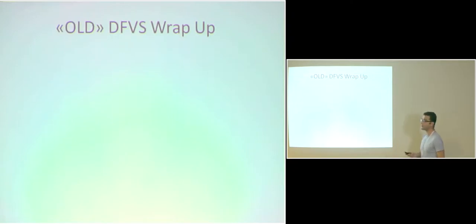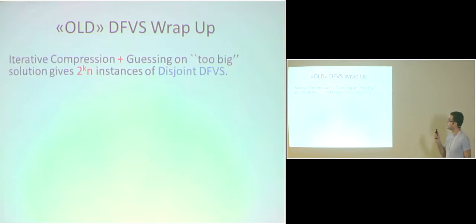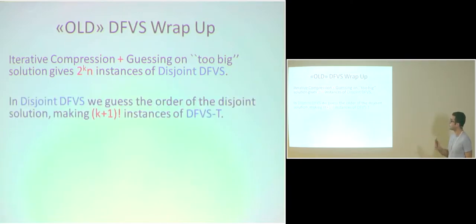So to wrap up, this ends up wrapping up the Chen et al. algorithm for feedback vertex set. You do iterative compression. You guess on the too big solution, you get a disjoint feedback vertex set instance. Then you guess the order, you get DFVS.